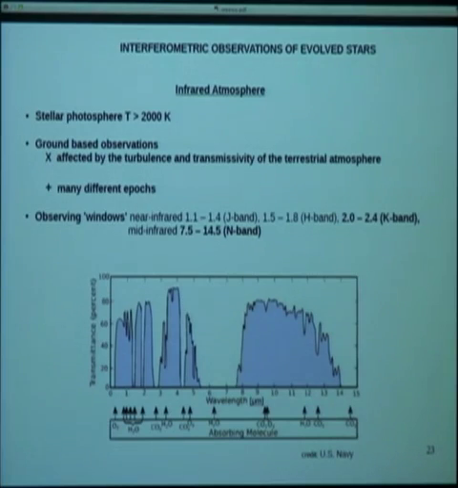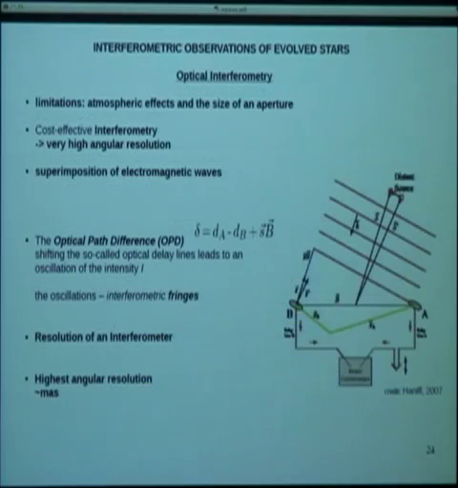In those observing windows we can see. If we decide on ground-based observations, we are limited by the effects of the atmosphere, but also by the size of the primary mirror.